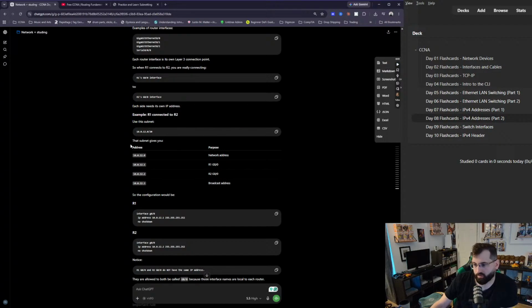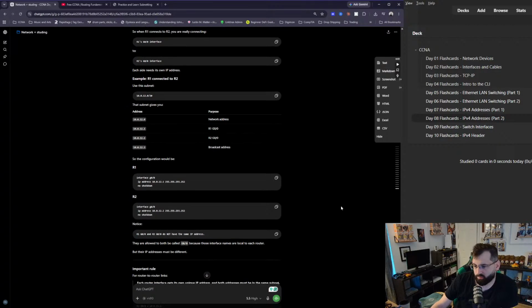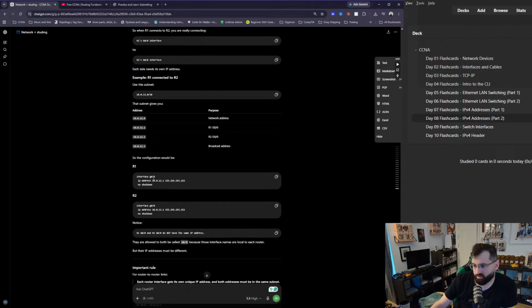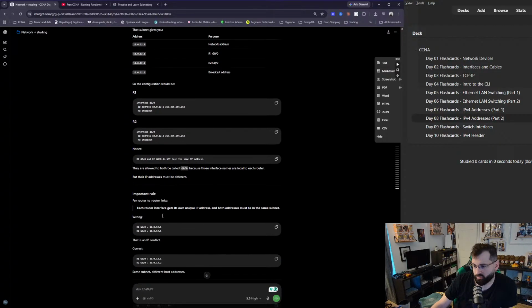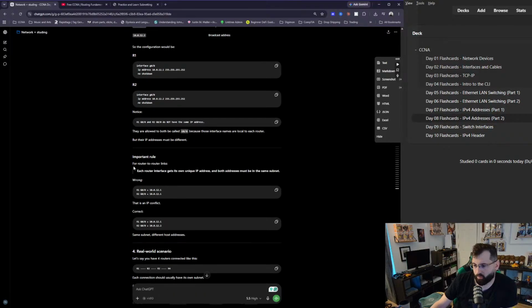Okay, so there's a subnet. That subnet gives you these addresses, the purpose, the network address, there's this, there's that, the two usable addresses, and then the broadcast. So the configuration would be interface Gig0/0, IP address, the range would be this, no shutdown. Of course, no shutdown.